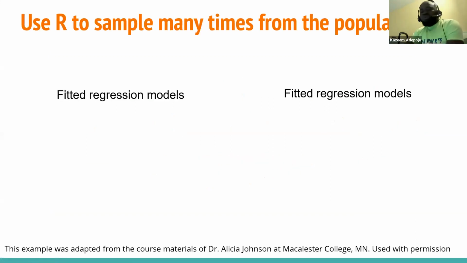In this lecture, I want to give you detail on how to use R to sample many times from the population. When you sample many times from the population, don't forget that even when you're using the same sample size, you're going to have different values of beta 1 cap and beta naught cap.